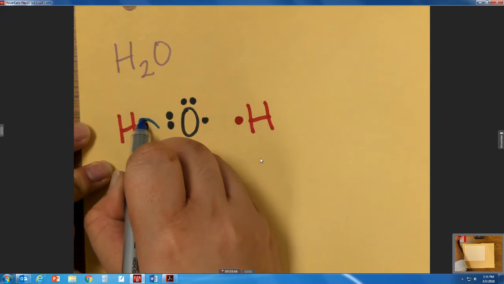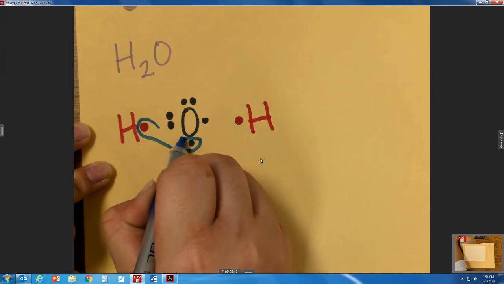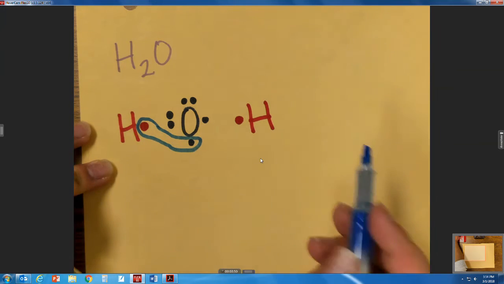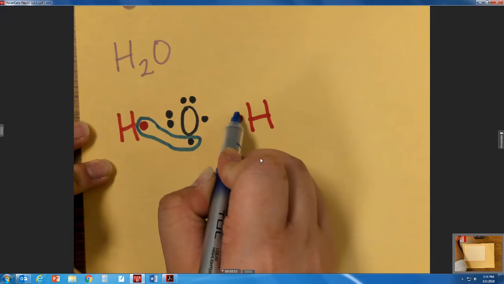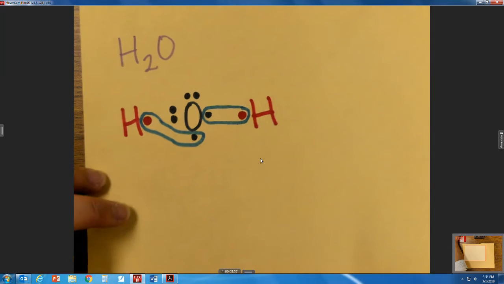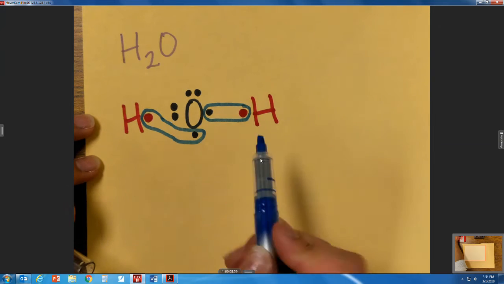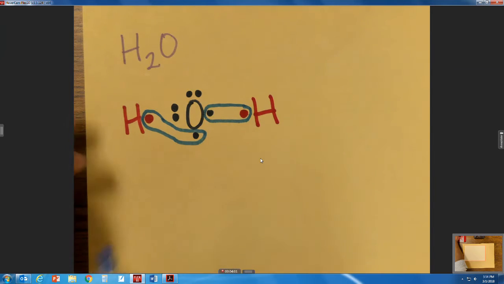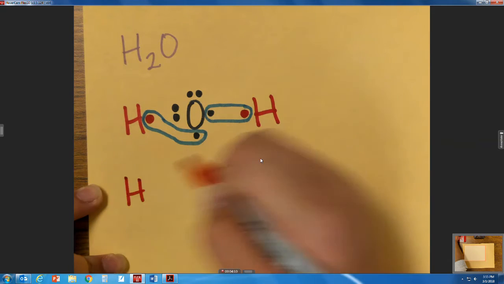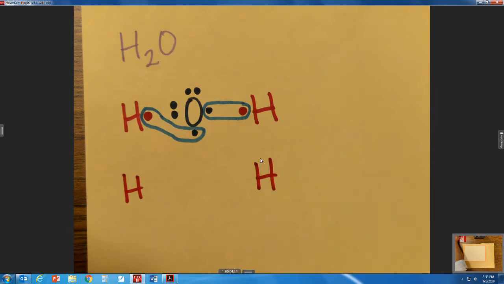So hydrogen's valence electron is going to pair up with this valence electron, and this valence electron is going to pair up with oxygen. So these two are sharing, and those two are sharing seats. So when we rewrite our formula, we're going to have hydrogen and hydrogen, and then an oxygen in the center.